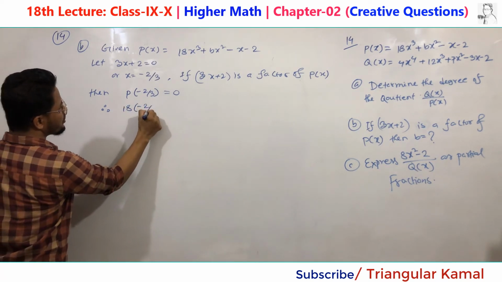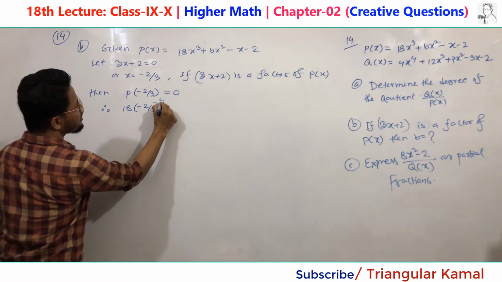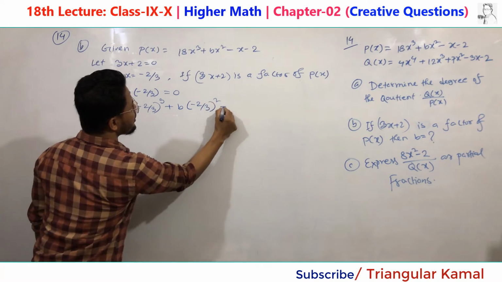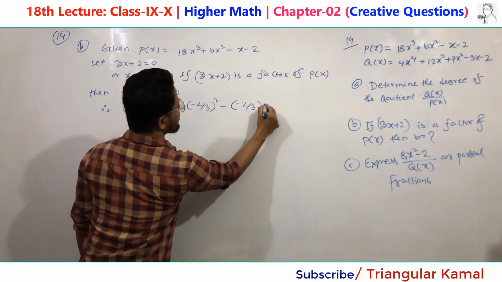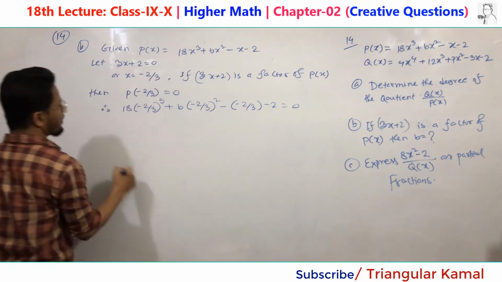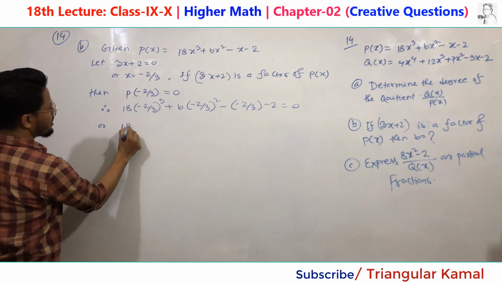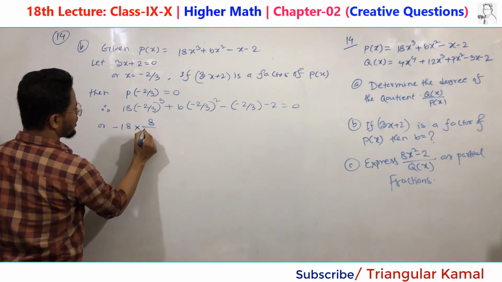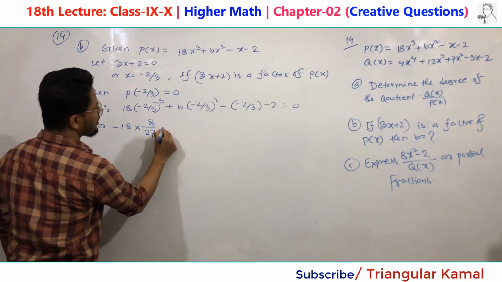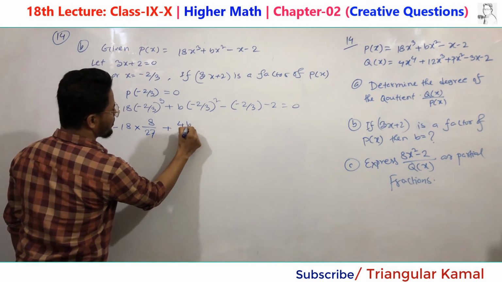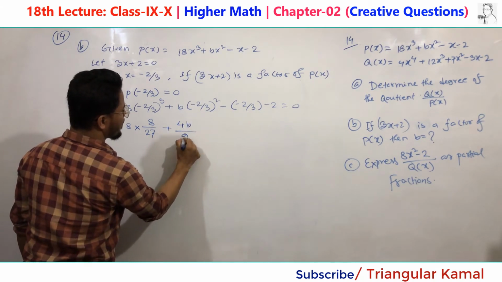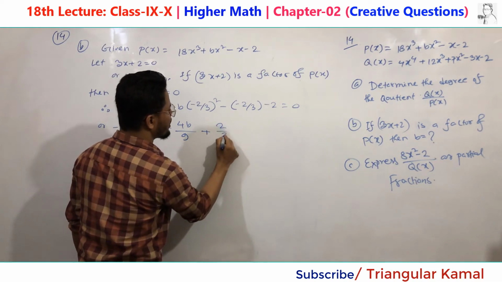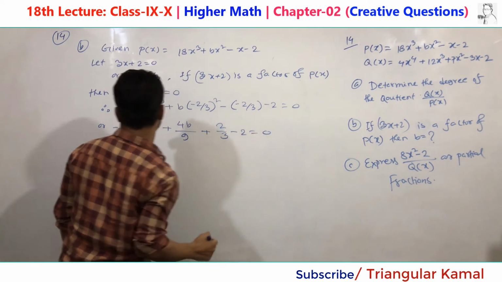So 18 times minus 2 by 3 cubed, plus b into minus 2 by 3 squared, minus 2 by 3, minus 2 equals 0. And now 18 times minus 8 over 27, plus 4b divided by 9, plus 2 divided by 3, minus 2 equals 0.